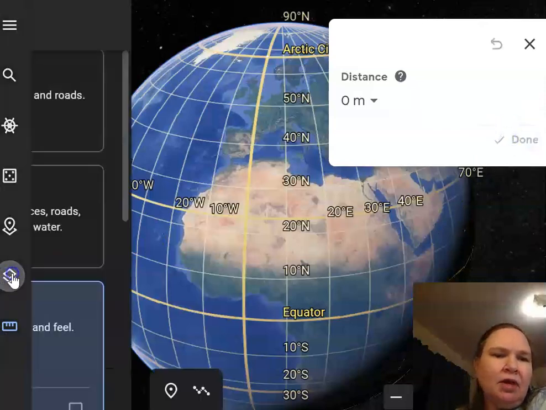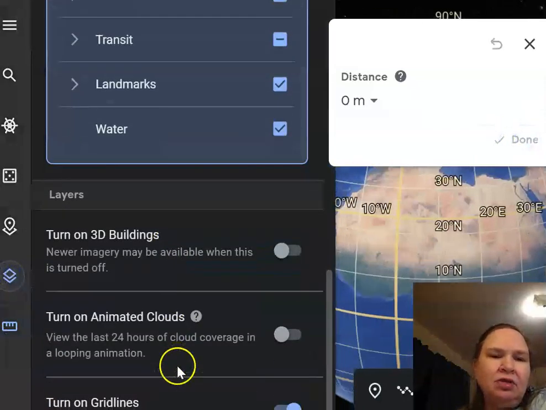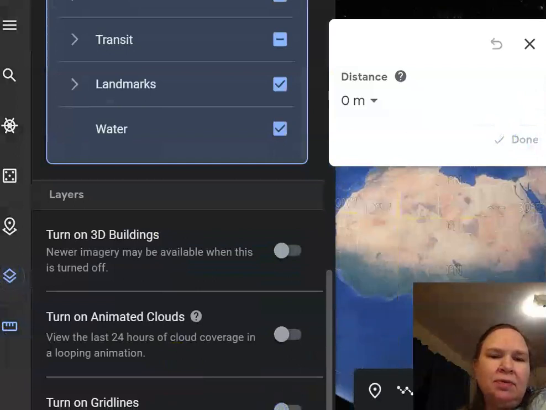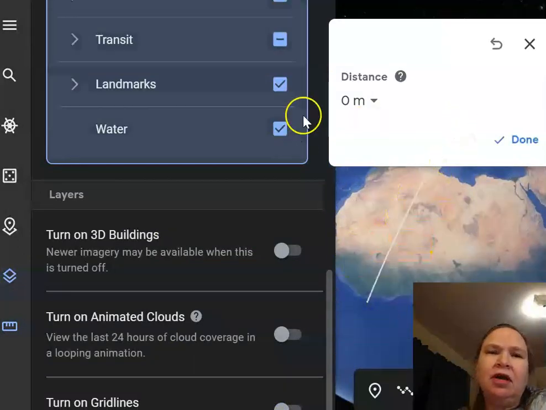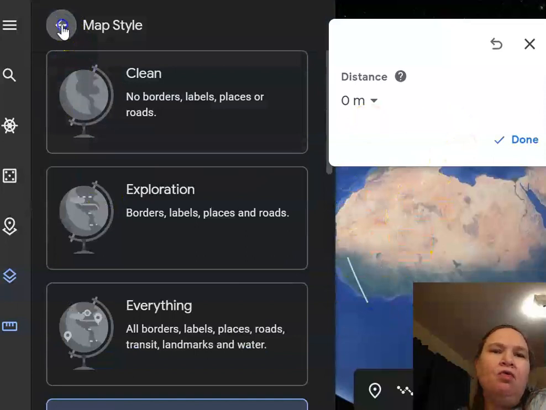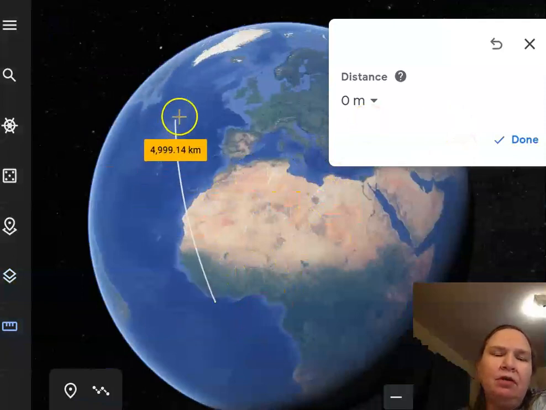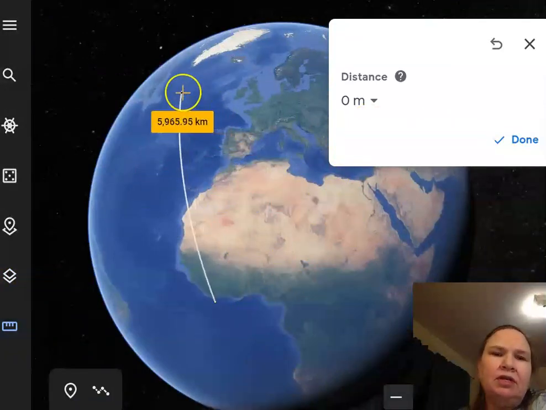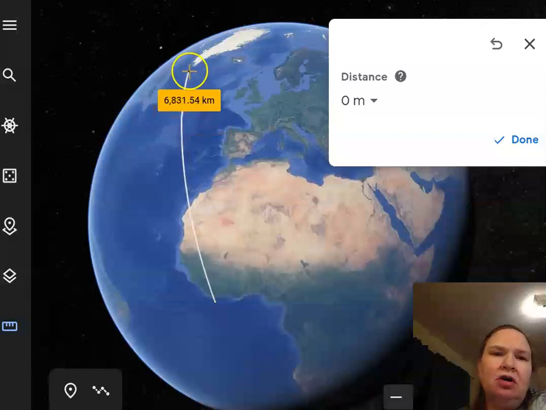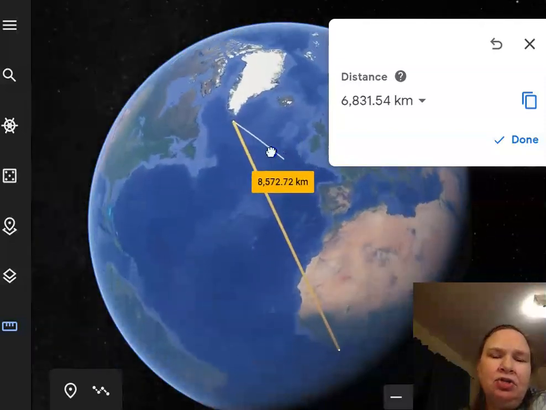So let's see if I can do that. I'm going to make my latitude, longitude grid lines disappear for a minute, and I'm going to try to make a great circle that is not the equator. So I'm going to start at a point and go in any direction at all, and I am going to make that shortest path.